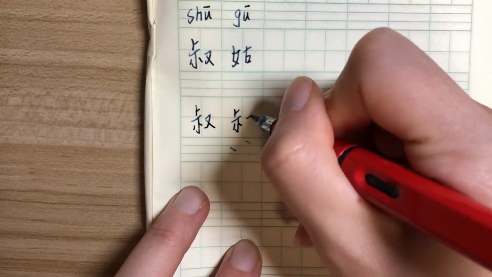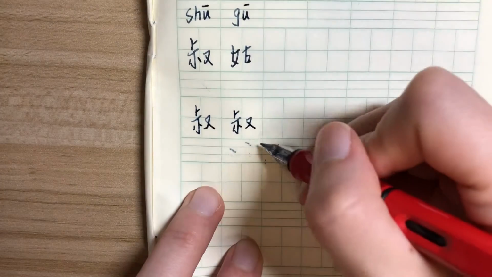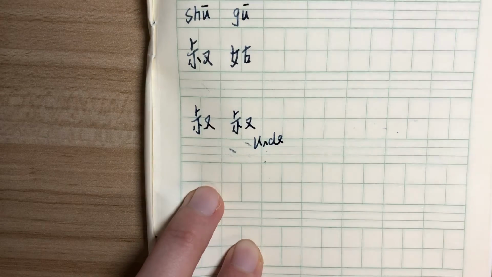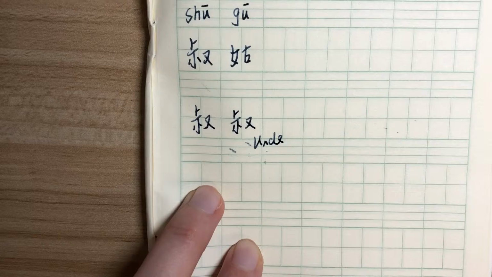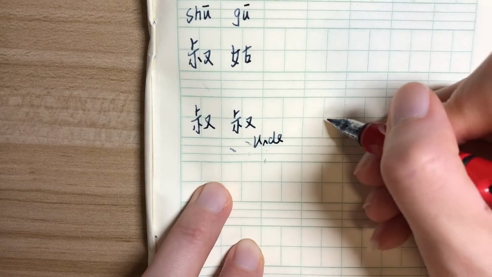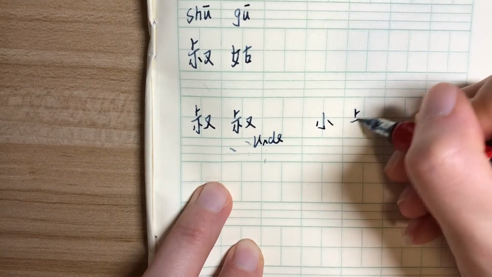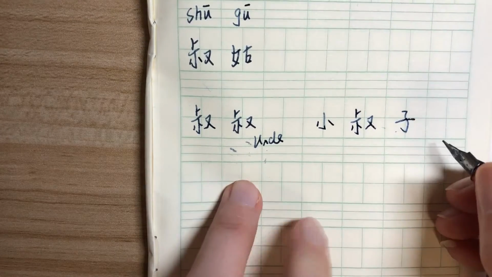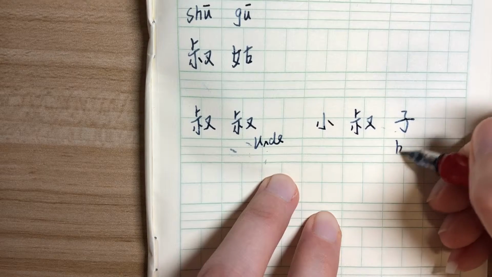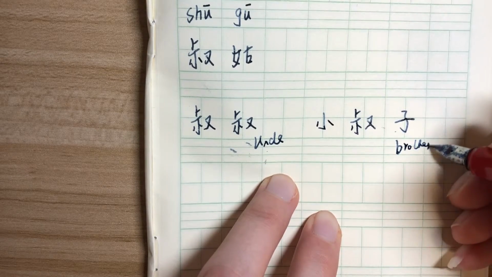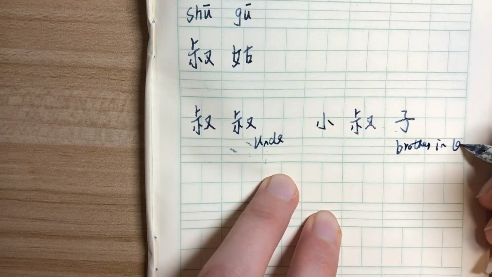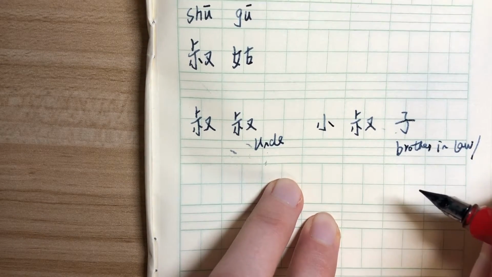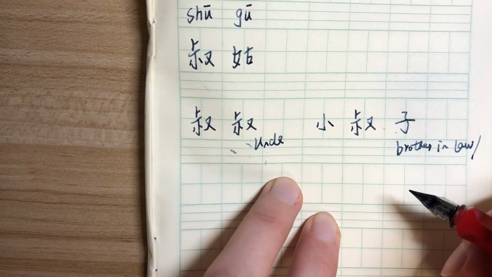It means uncle. And the next one, 小叔子. It is a brother-in-law, or it is husband's younger brother.